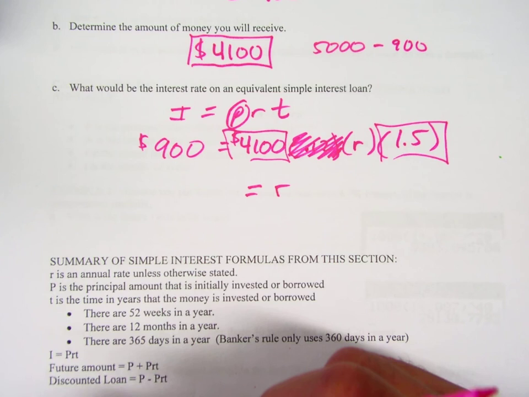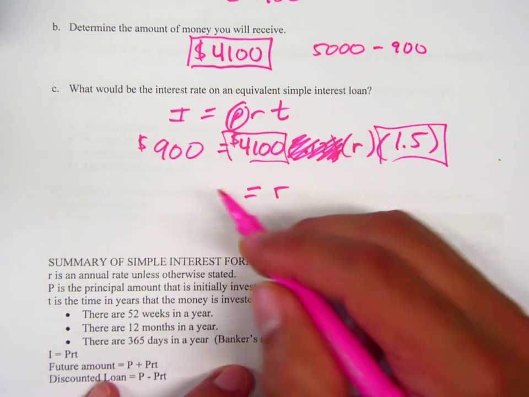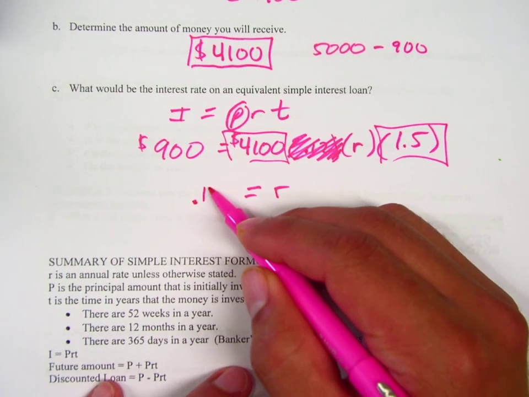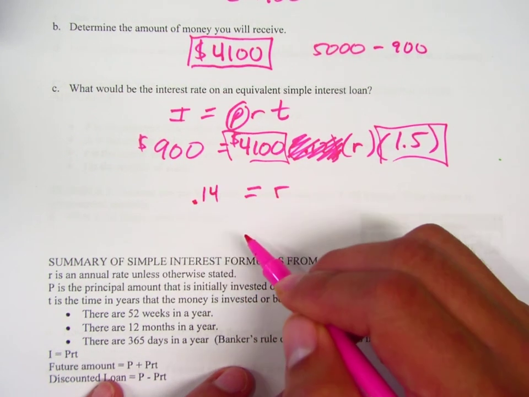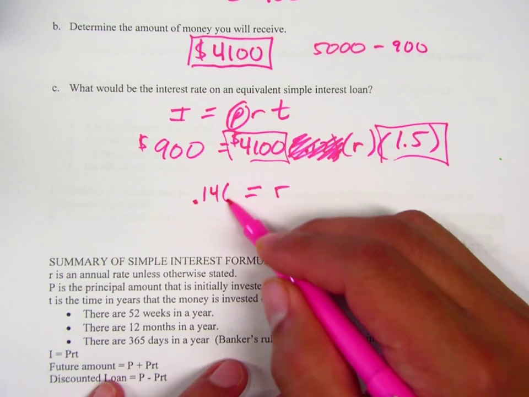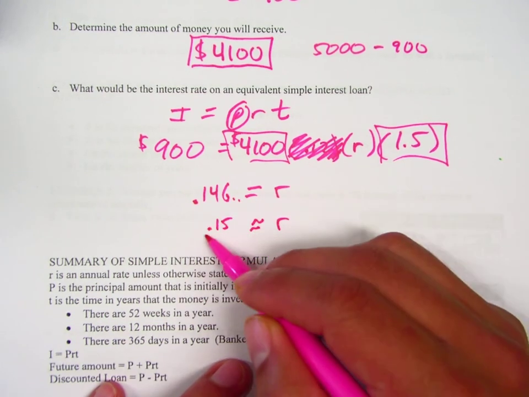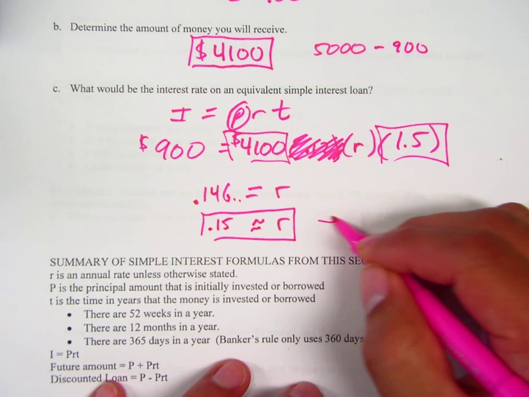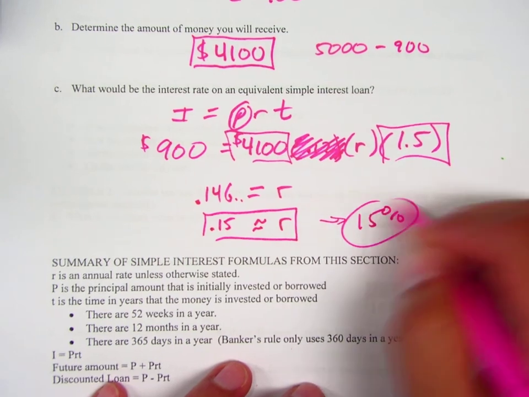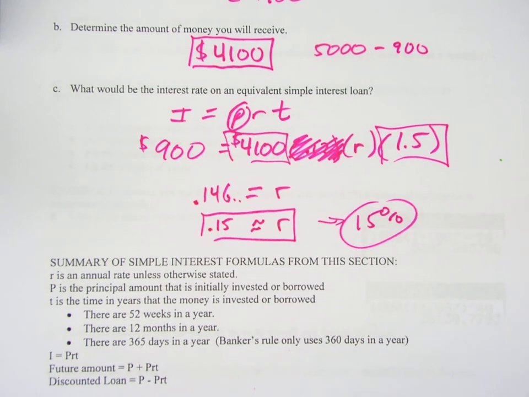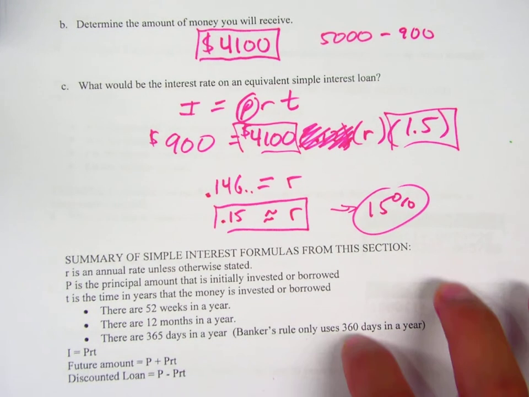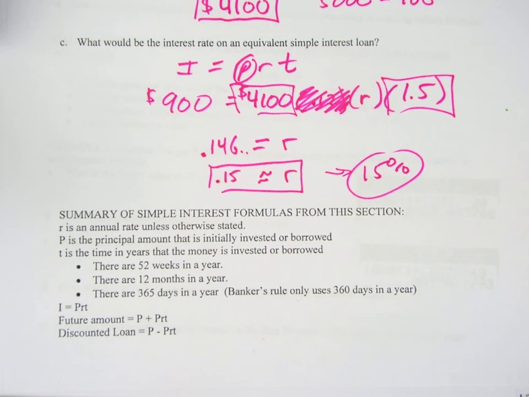Which is 0.14. 1463. So maybe let's do about 0.15, which is about 15% then, depending on how they want the answer. Okay? Questions? Great.